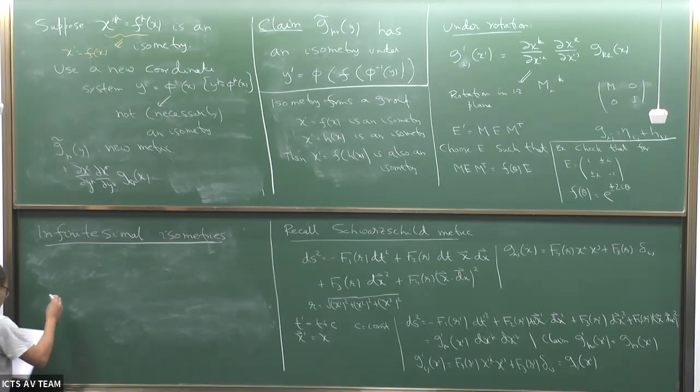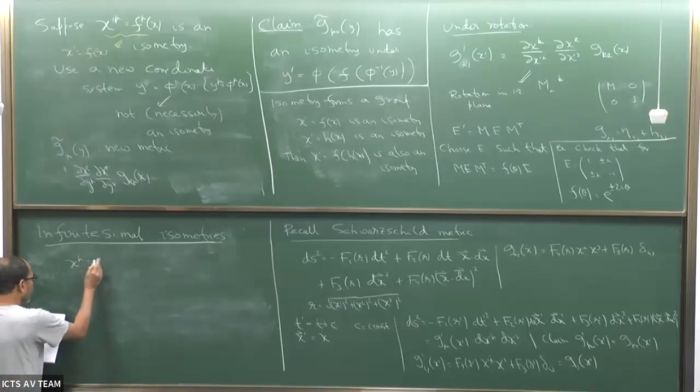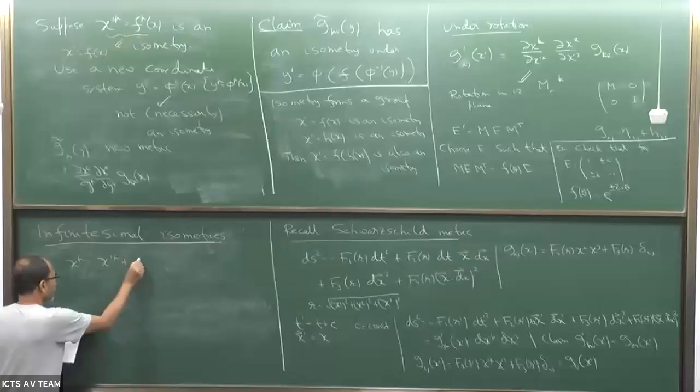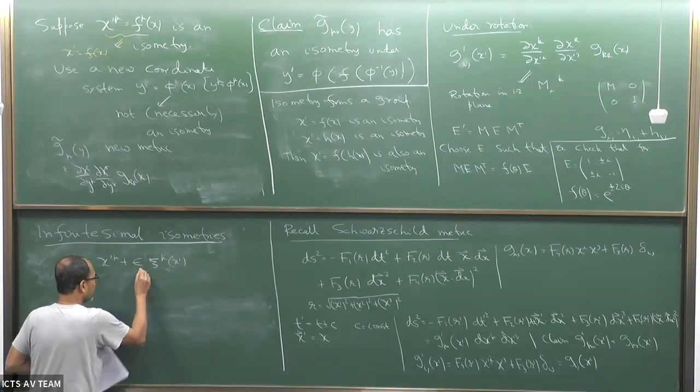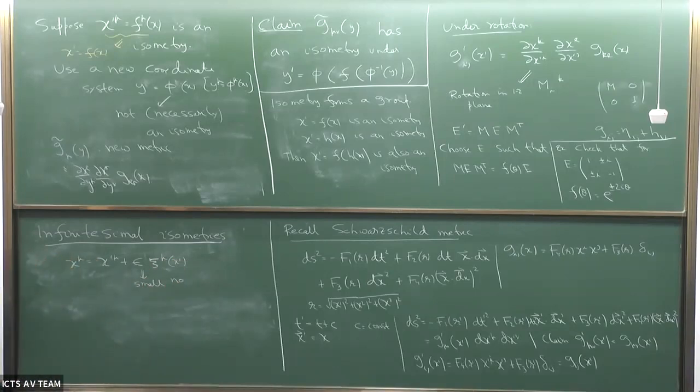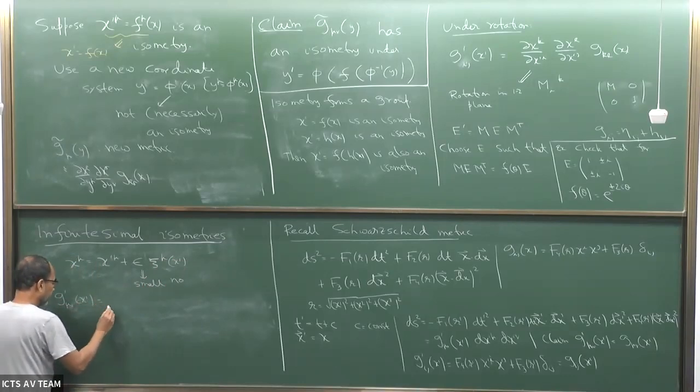So let's suppose the transformation is x prime mu equal to x mu plus epsilon times xi mu, where epsilon is a small number. Then we have this relation for g prime mu nu of x prime.